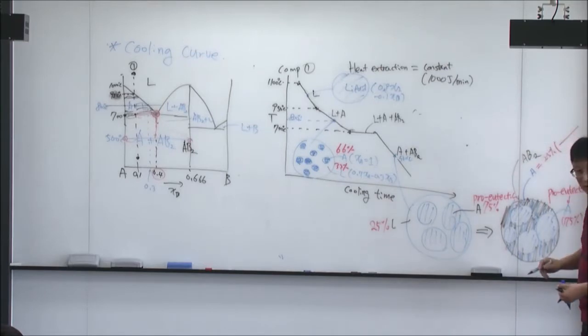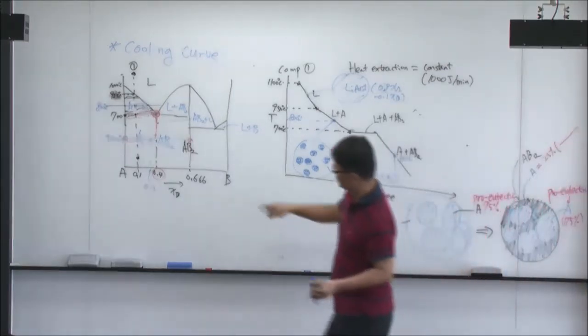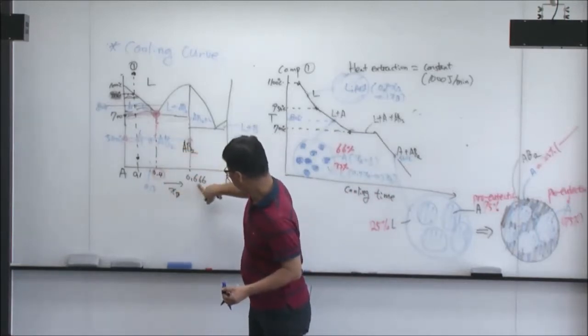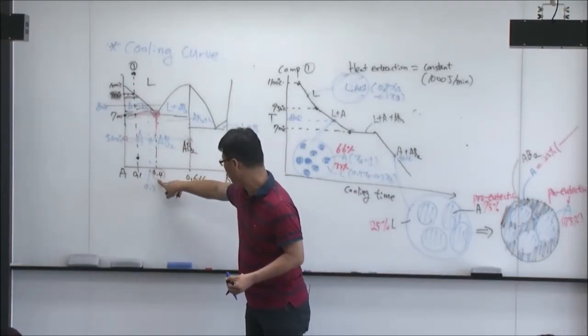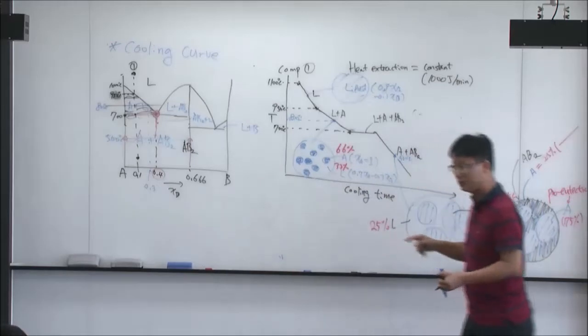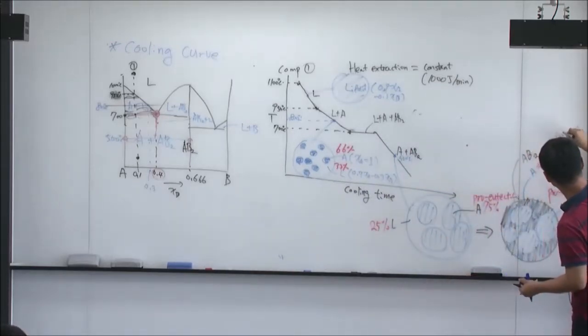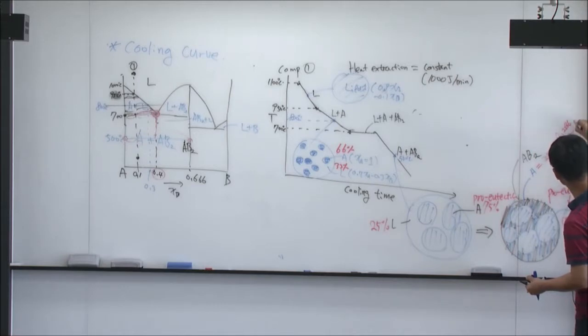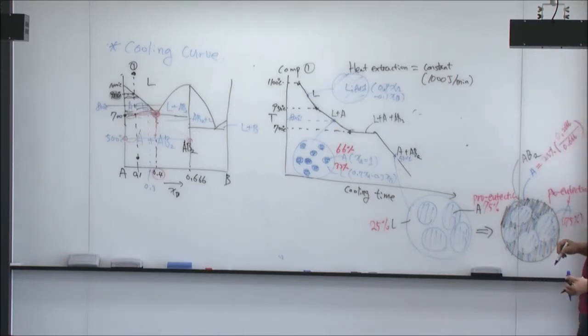And then inside of this 25%, you have a fraction from the lever rule. So this one, 0.666 minus 0.4, so it's 0.266 divided by 0.666. That's the amount of the A. Is that okay? From the lever rule.